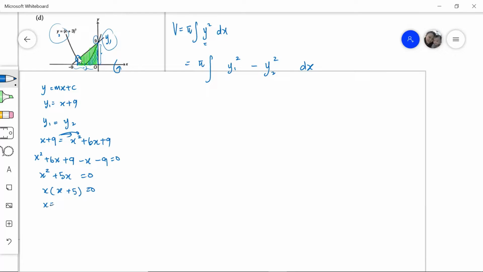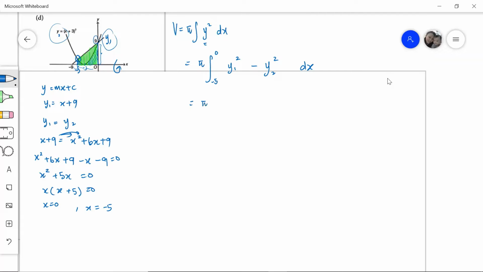So we have x equals 0 or x equals -5. So this point here is -5. So we need to integrate from -5 to 0 of the upper graph minus the lower graph, because that will produce the gray shaded region. And then from there, go through this formula, pi times the square of the function just now, with respect to x, and we will get the volume generated.